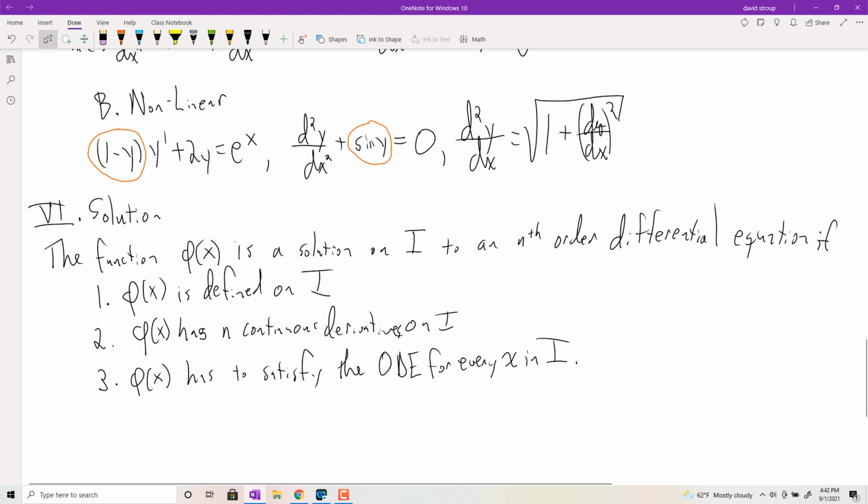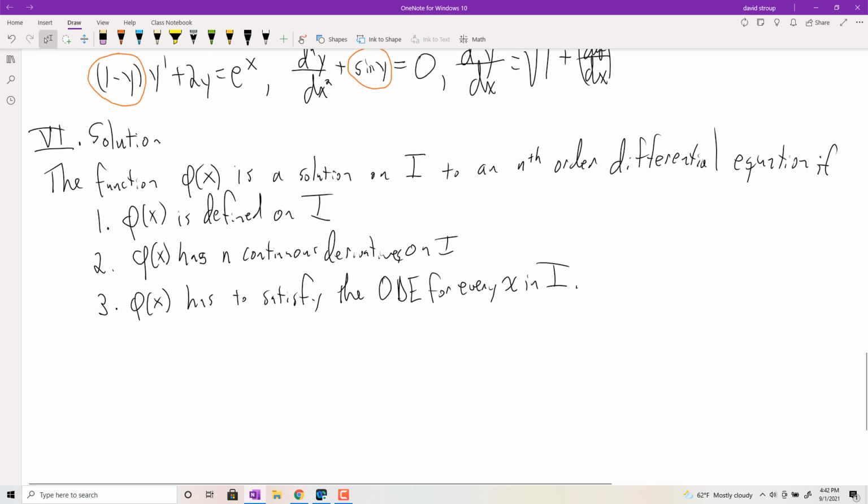Okay. So the idea of satisfying means basically when you plug it in and all the derivatives, you can get the right side of the equation to equal the left side of the equation. It's a bit like checking your solution back in algebra. So maybe you'd have 2x plus 5 equals 7, right? And then we think the solution is x equals 1.